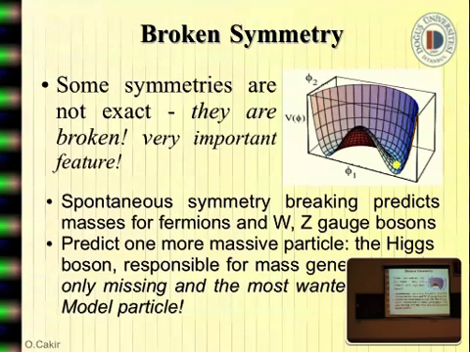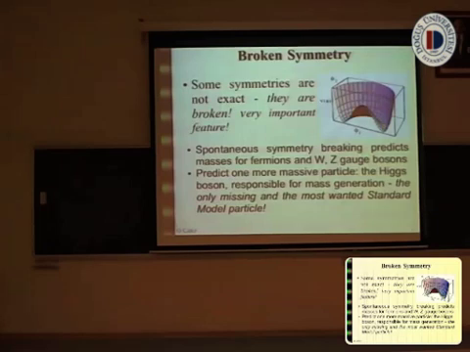Electroweak symmetry is broken. How does this happen? What does it mean? We will learn the details of this. Some symmetries are not exact. They are broken, and this is very important for particle physics also.